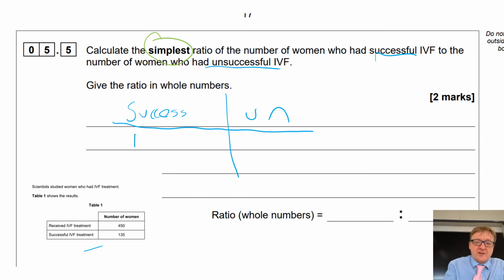Successful IVF is 135. Therefore, unsuccessful IVF must be 450 take away 135, which makes 315.